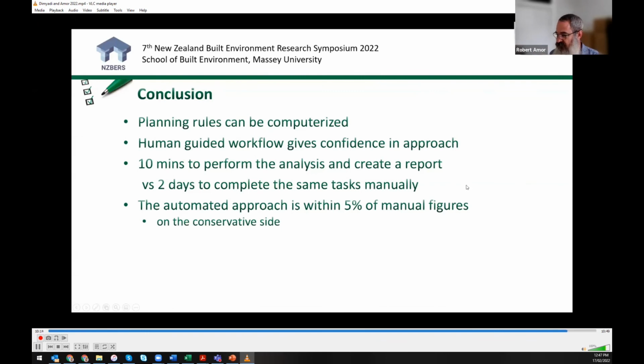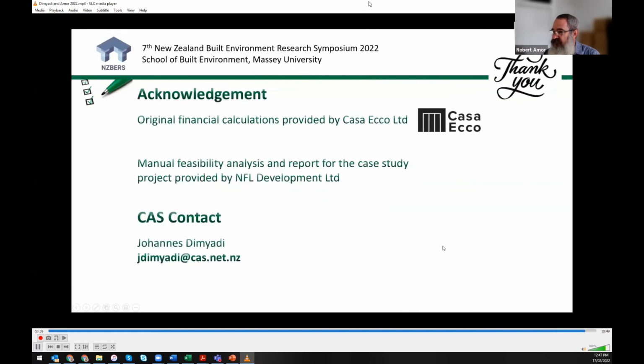So with the computer and human interaction, entering various parameters takes about 10 minutes to get to the point where we have a report about the land development, versus something like 2 days to do the same thing manually. And the data that we get out of this is within 5% of what a human would do, 5% on the conservative side.